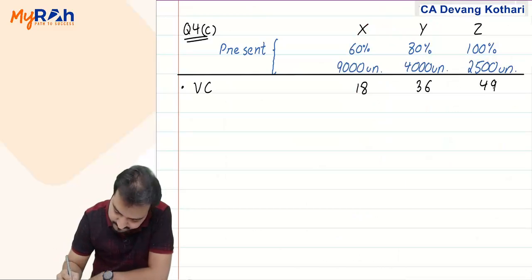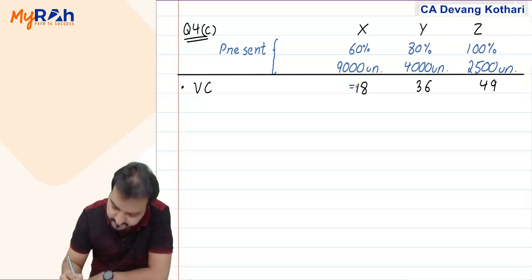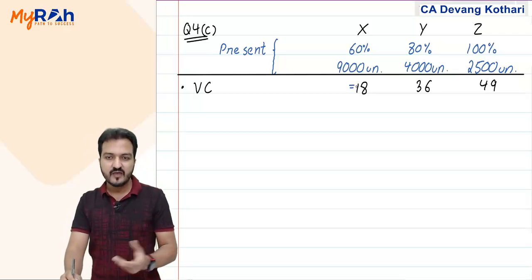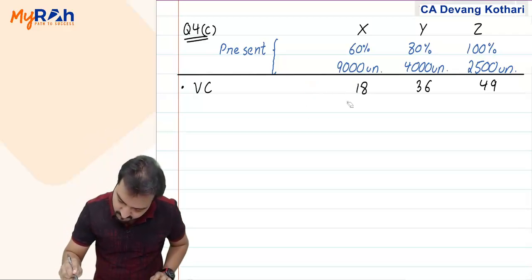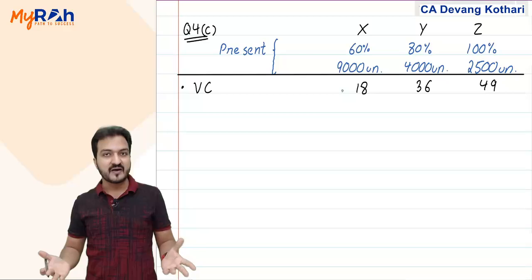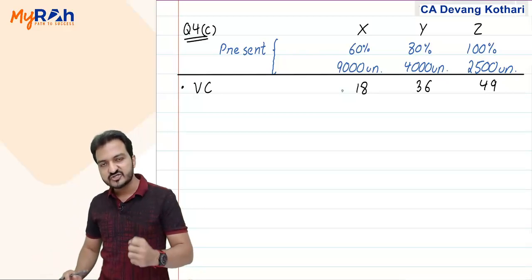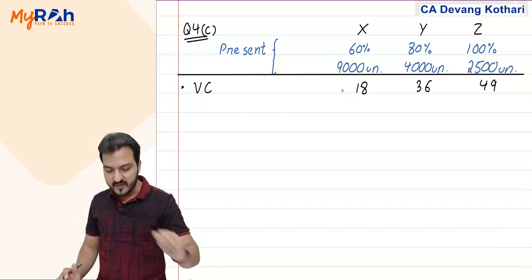Okay. Now, based on this, I can say that this 18 variable cost of X is in a way the minimum TP, because X is currently having spare capacity. Yes, its external sales is already done, still it is having spare capacity.